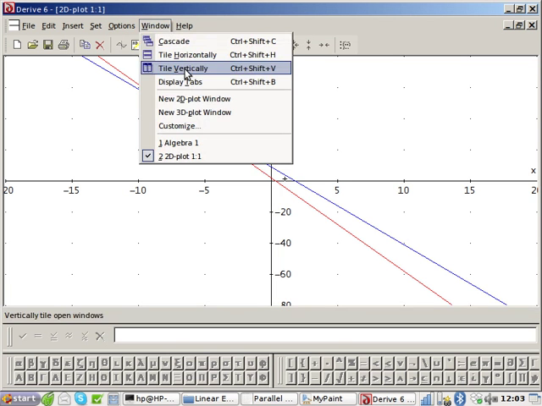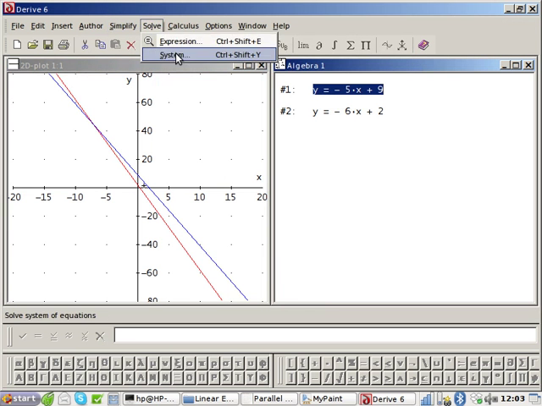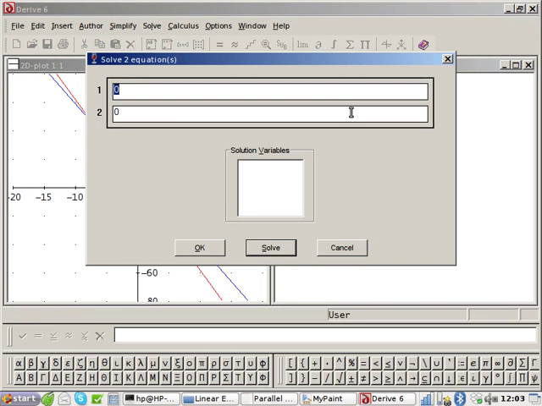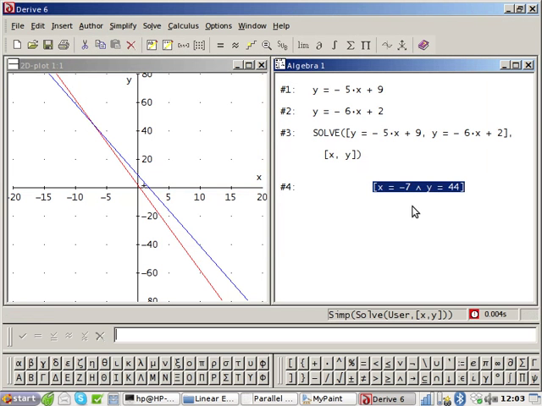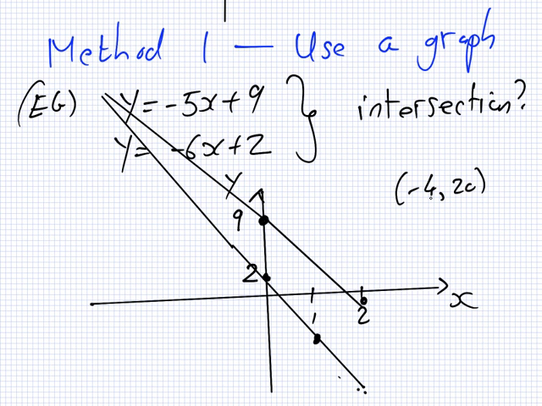Let's actually get the exact answer here. So solve system. So -7 and 44 was the right answer. Yeah, we were a little bit off. So method 1, don't use this method.